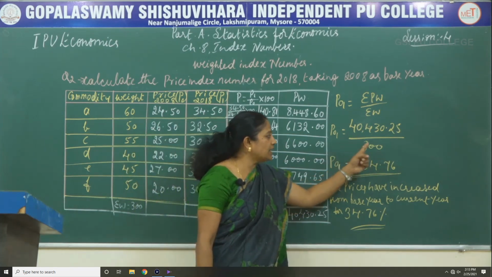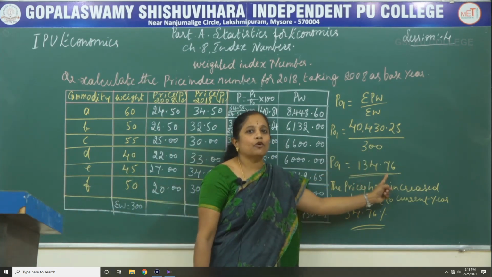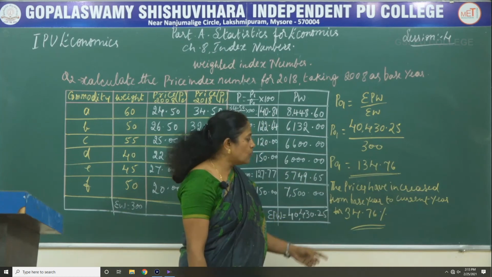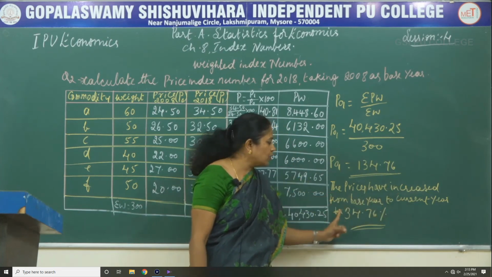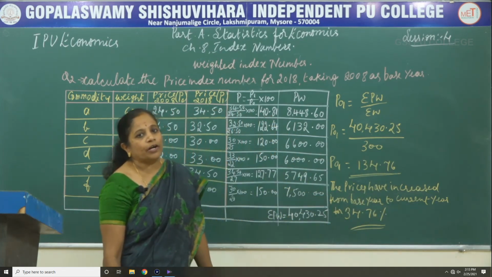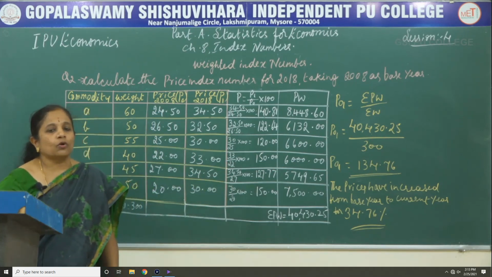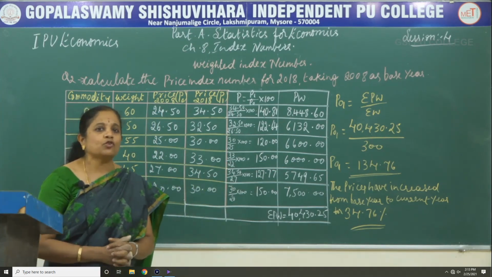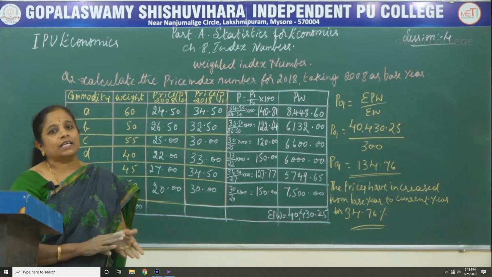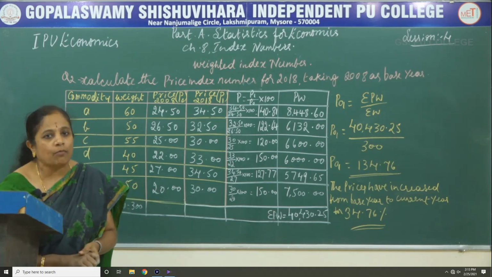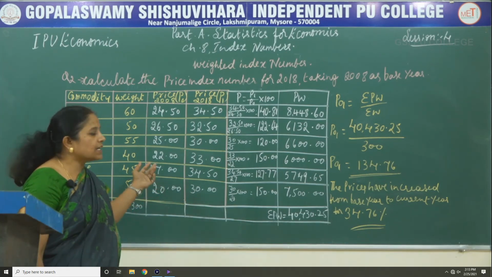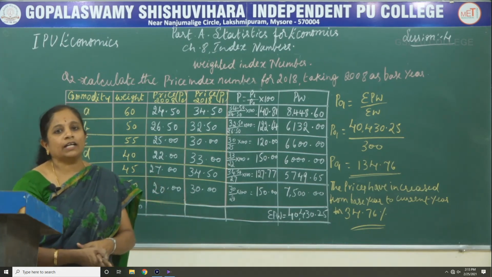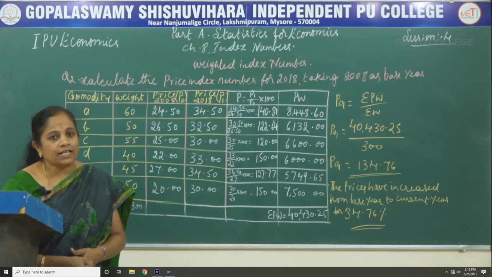So after dividing this, we obtain 134.76. So the conclusion is the prices have increased from base year to current year to the extent of 34.76%. So this helps to know about the increase in the prices of the necessary commodities in the basket of goods. So this is the calculation of the unweighted index numbers and the weighted index numbers.